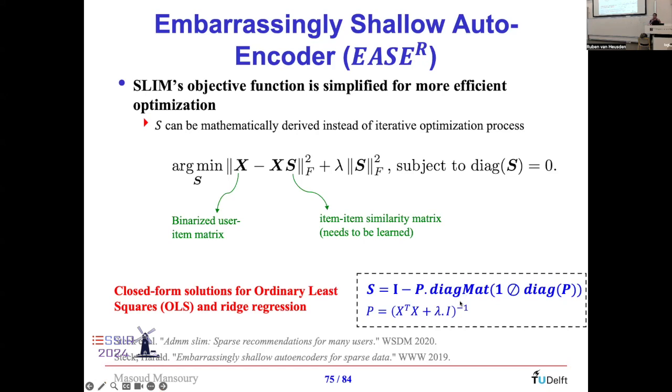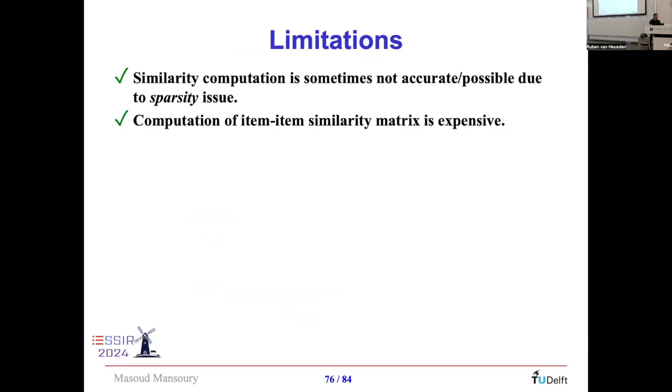The details of this derivation, you can look at the paper. But the point is that with this closed form solution, you do not need to optimize the objective function, which might be computationally expensive. But here, with certain mathematical notation, you can derive the similarity matrix.